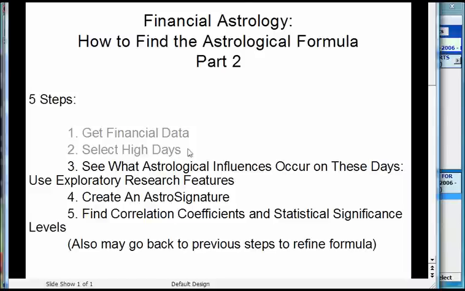We can pick out those days, and we're going to research, maybe it's a better word, to see what is occurring when gold prices reach their highs. So how are we going to find out? We're going to use the exploratory research features in the Sirius software. So let's do it. Let's find out what's going on when gold prices are high.